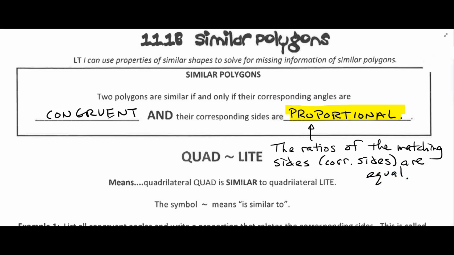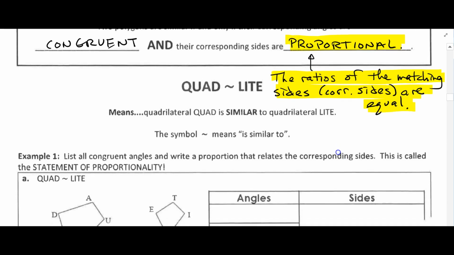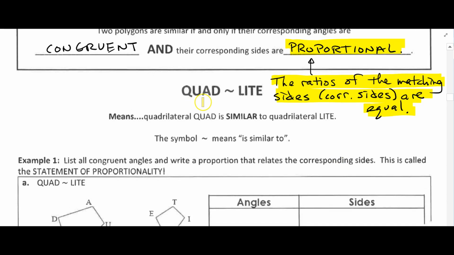So that's what we mean when we say proportional. You want to think about the ratios, the fractions that we make out of the sides that match up, being equal. So if I've got quadrilateral QUAD similar to quadrilateral LITE, this squiggle symbol here means is similar to.